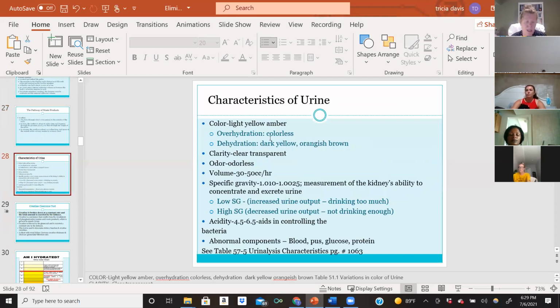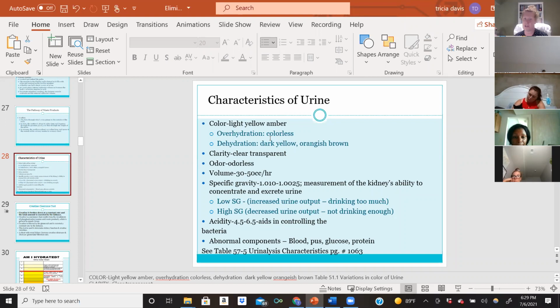So what should our urine look like? The color of our urine should be very light to light yellow amber most of the time. Usually in the morning, if your kidneys are functioning properly, your urine will be very concentrated, because if you have good, healthy kidneys, you're not peeing all night. Remember, we talked about those older adults who pee all night long because they can't concentrate urine.